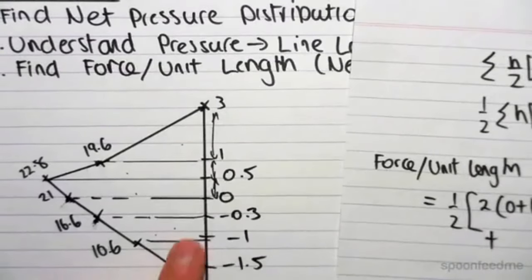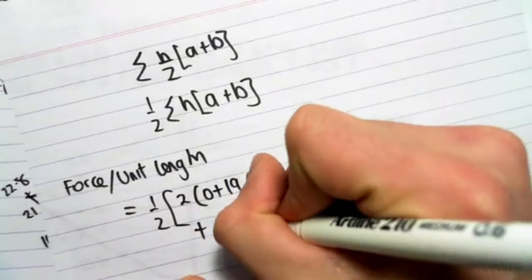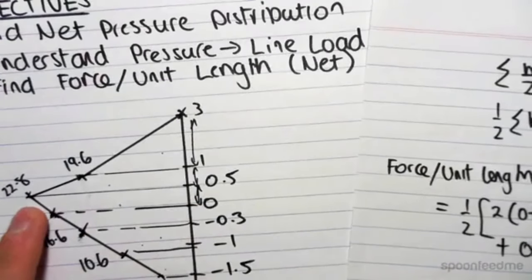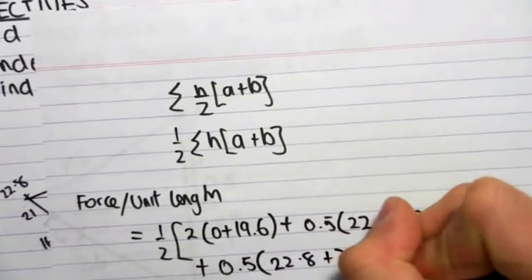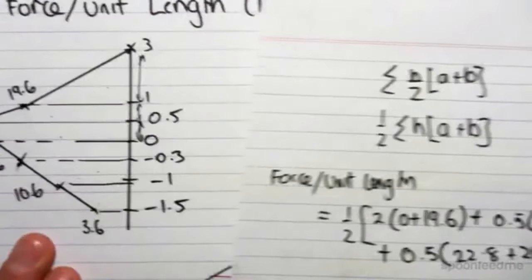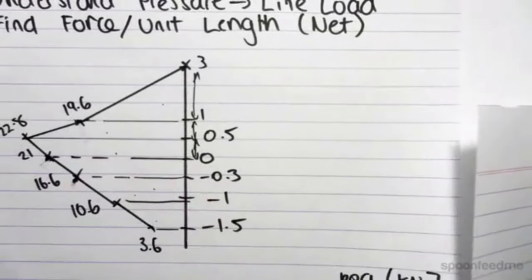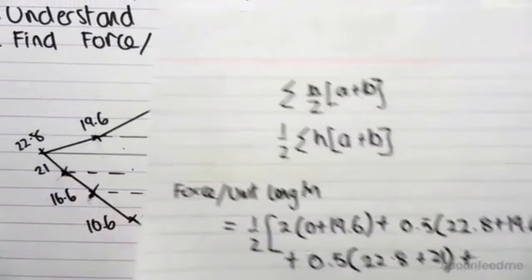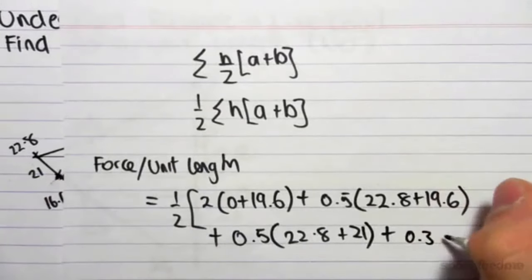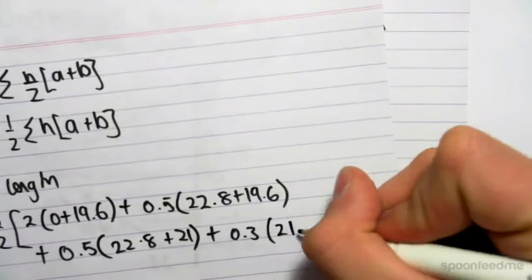22.8 plus 19.6, either way it doesn't matter. Plus the next region is from 0 to 0.5, where the height is still 0.5, outside of 22.8 plus 21. Plus from 0 to 0.3, so that's a height of 0.3 meters, so 0.3 outside of 21 plus 16.6.